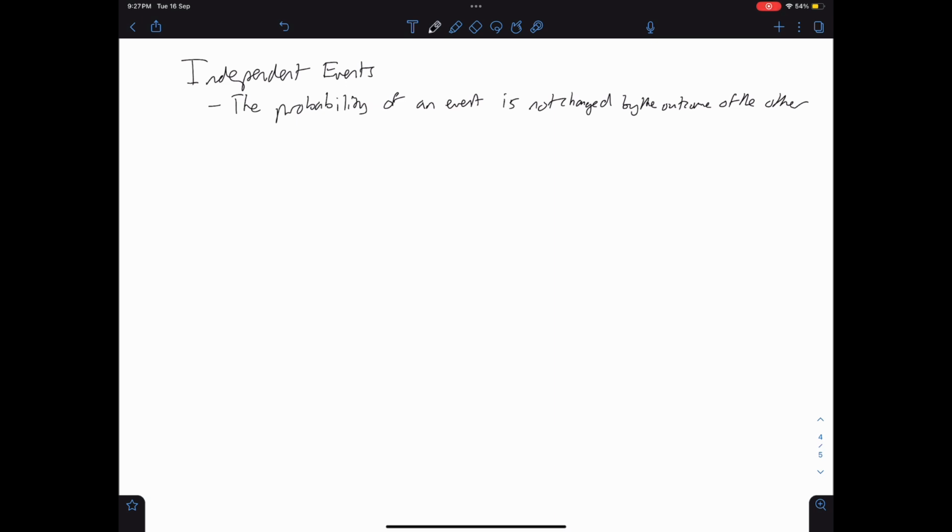Examples of this are dice rolls. Just because you roll a 6 the first time doesn't mean that there is a lower chance of a 6 on the second roll. It's independent.